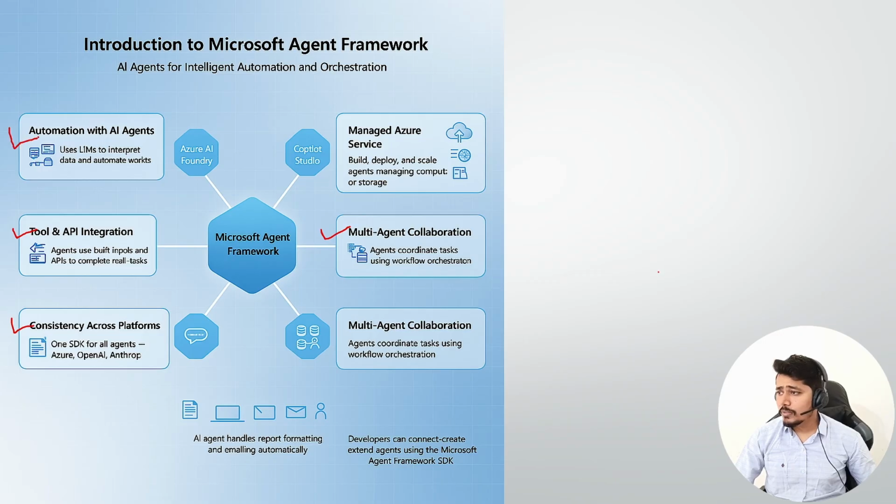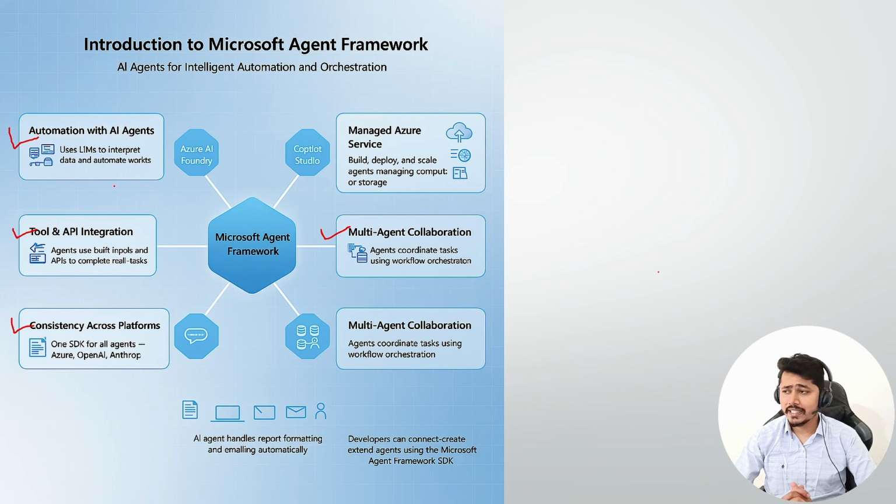Moving ahead, we have automation with AI agents. The Microsoft Agent Framework is not only helping us build the agentic AI application, but it also helps us automate workflows. Just like Copilot Studio or the multiple frameworks available out there to build end-to-end automation, this agentic framework supports automation, where you can quickly connect to other services available in Azure, like Azure AI Search, which is a vector store, OpenAI models, Azure function apps, and, let's say, Logic Apps.